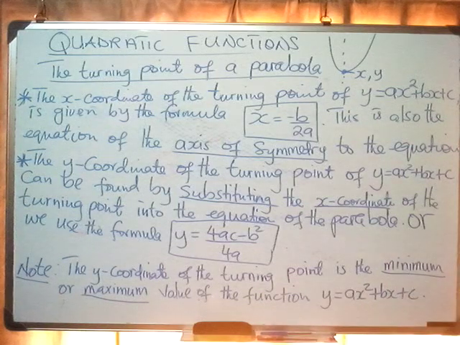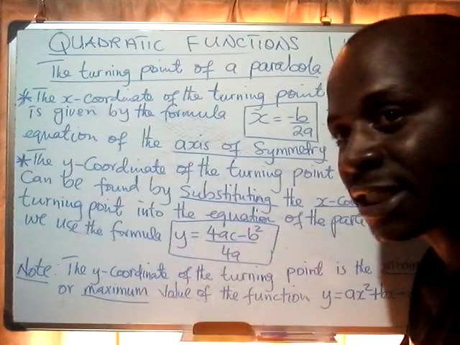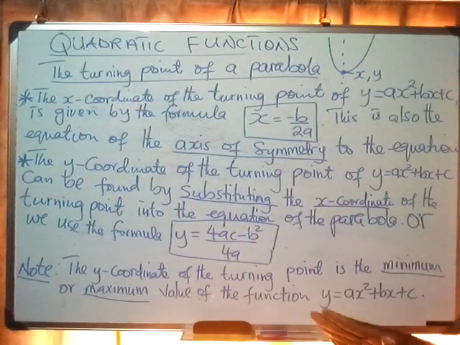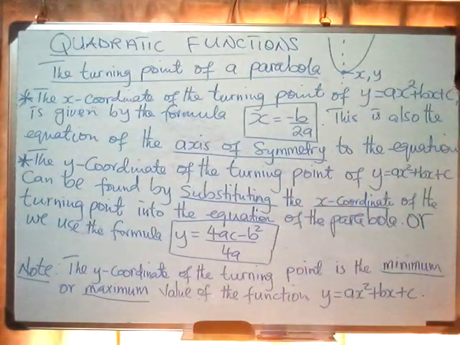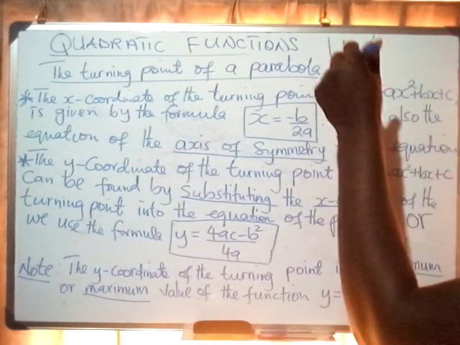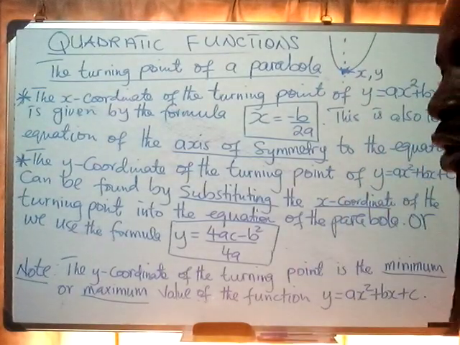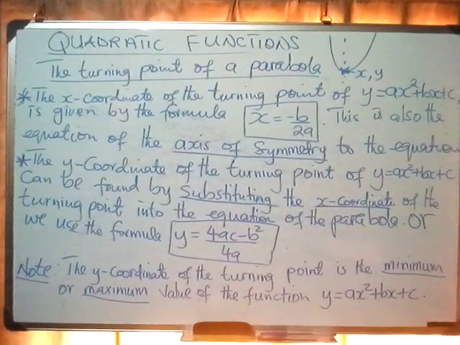Normally, this question comes in paper 1, where you are asked to find the minimum or the maximum value of y at the turning point. The value of y at the turning point may be called the minimum or the maximum.